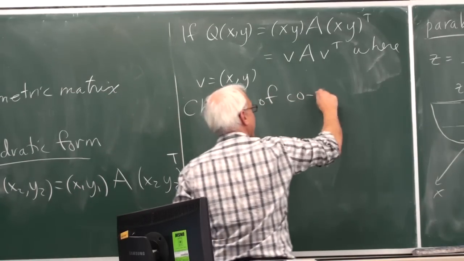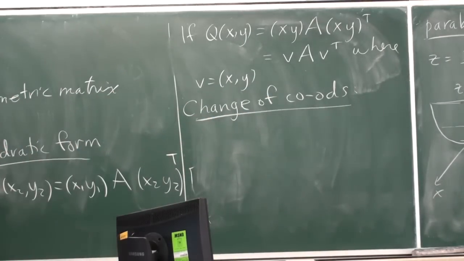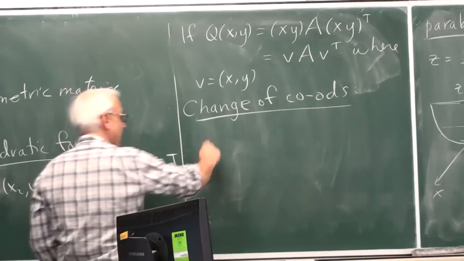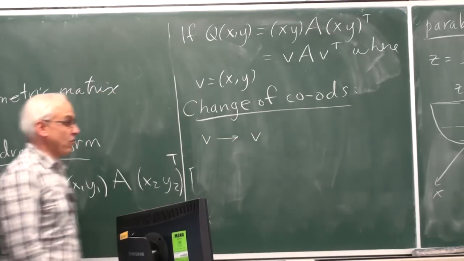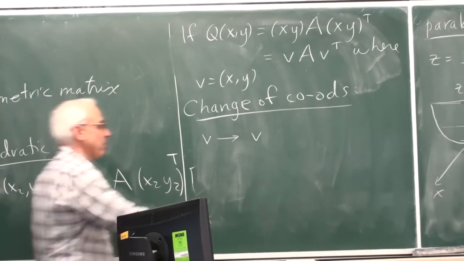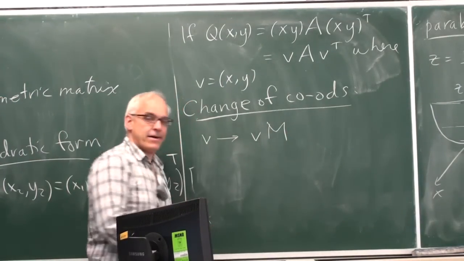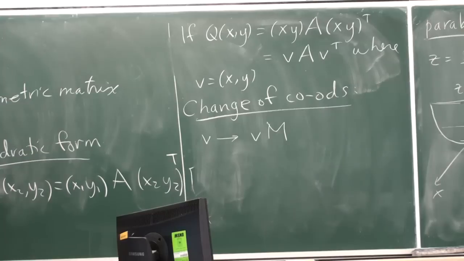What does that involve? Well, it involves a linear transformation. All right, so we're going to linear algebra, and we're thinking about a linear transformation. Say V goes to, these are row vectors, so a general linear transformation might be obtained by multiplying by a matrix M on the right.